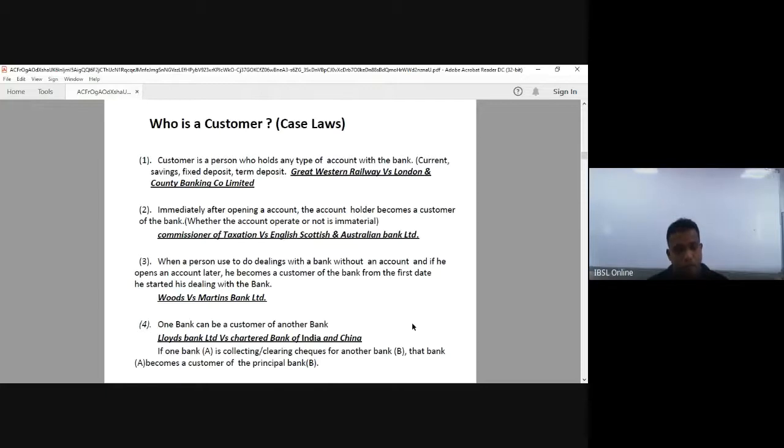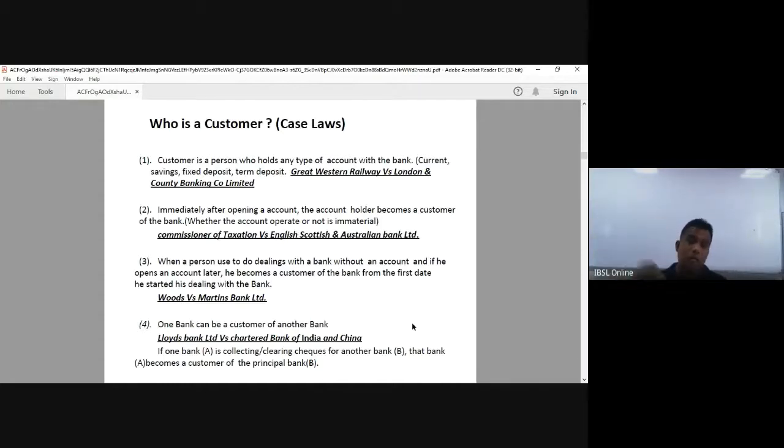So you have no duties or obligations towards him under the banker-customer relationship. He doesn't have any duties towards you and no rights against you under the banker-customer relationship because there is no banker-customer relationship. But remember this very important point.